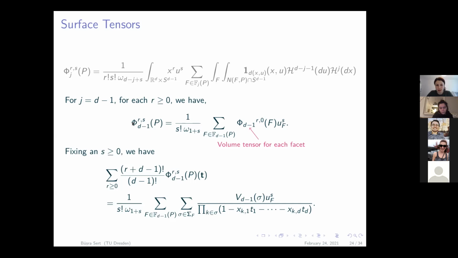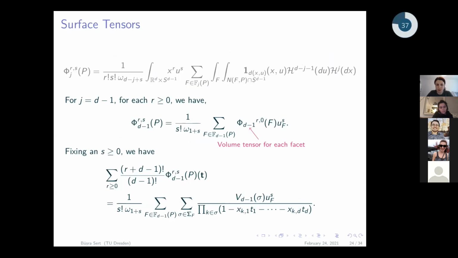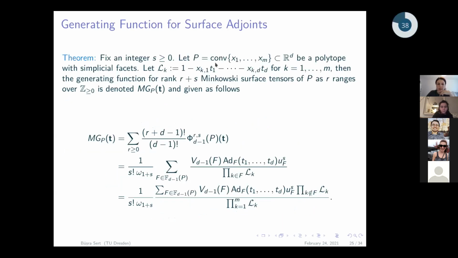We already had a generating function for volume tensors, so we are just writing it for each facet, and we take the sum over them, and we obtain a generating function for the surface tensors. When we rearrange it, we put everything in a common denominator and write the generating function with the adjoint definition.